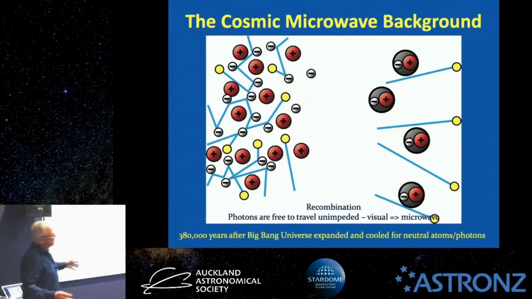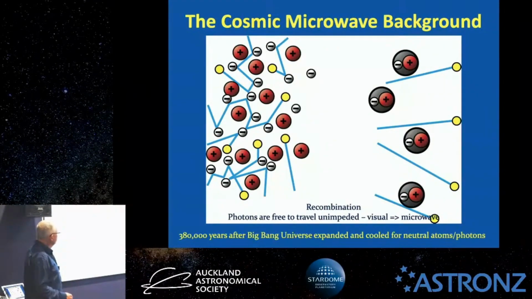Slowly the universe expanded and cooled until it got to roughly 380,000 years old, whereby it had cooled sufficiently for the protons and the electrons to be allowed to combine and stay combined together.